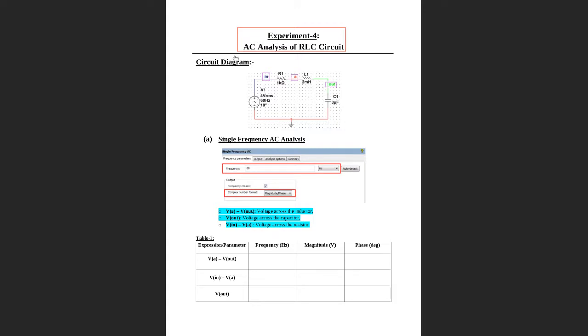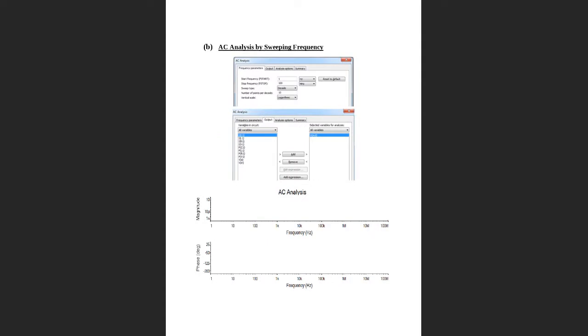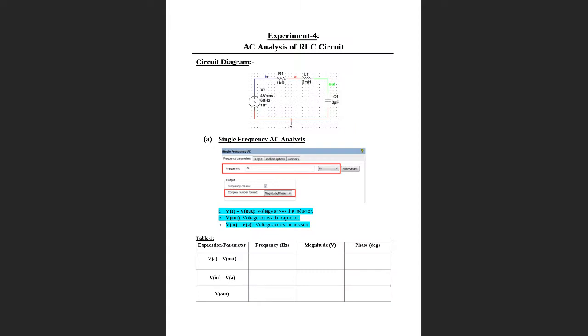In experiment number 4, we are going to study two types of AC analysis. What are the two types? The first one is single frequency AC analysis, and the second one is AC analysis by sweeping frequency. For the first part, single frequency analysis, you will analyze with respect to only one frequency.